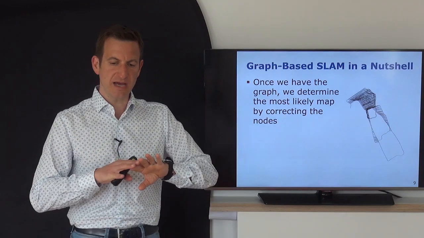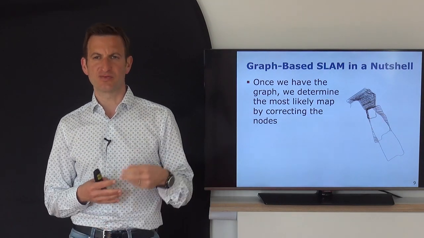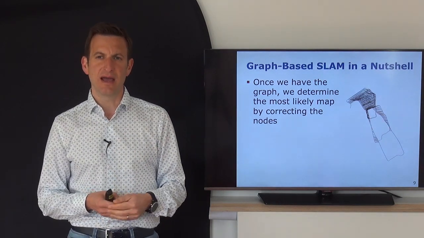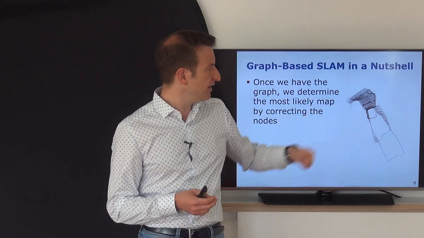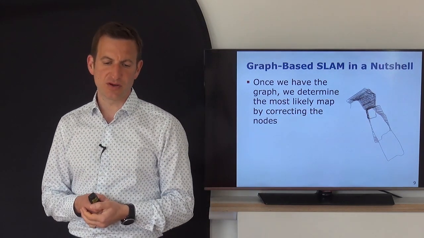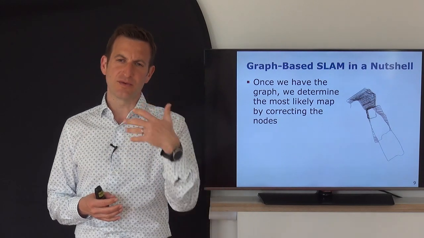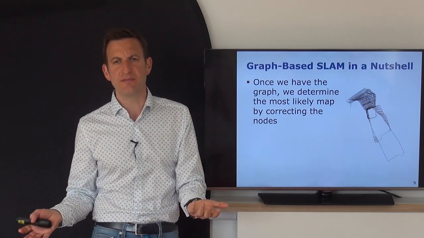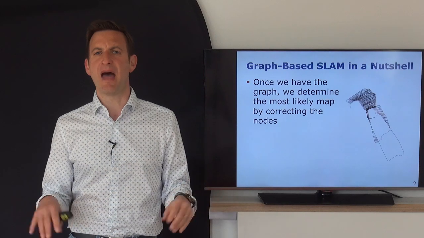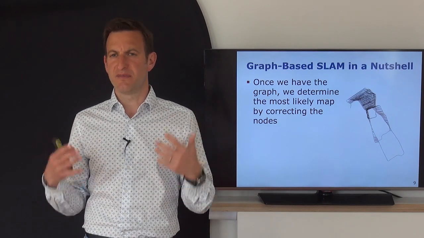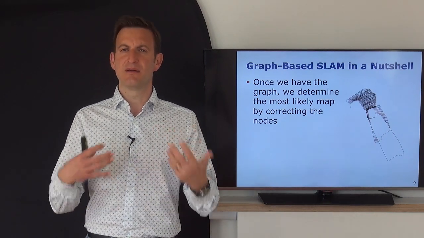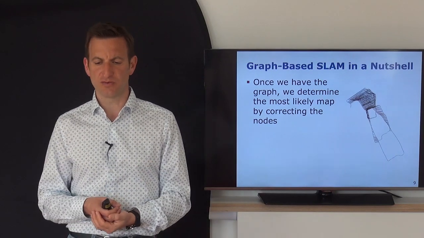So we can, at that point in time, actually forget the map, which was just depicted in the background, and we are only interested in finding a new configuration of those nodes, because those nodes correspond to the poses, and once we have the poses, we can build a map just based on the corrected pose information. Again, mapping was easy once we know the poses.